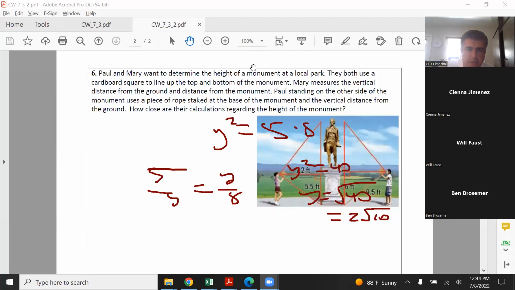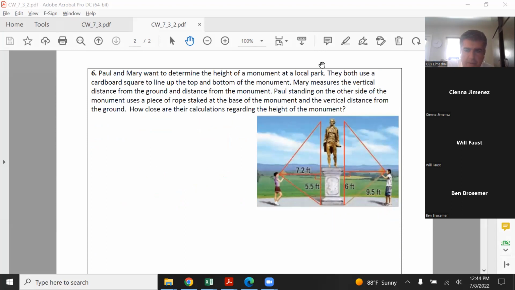And then lastly, Paul and Mary want to determine the height of the monument at local park. We'll call this x, we'll call this y. So you can say 7.2 squared equals 5.5x. And here you could say, oh, that's a little tricky.